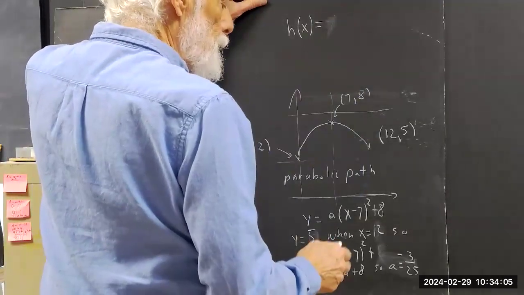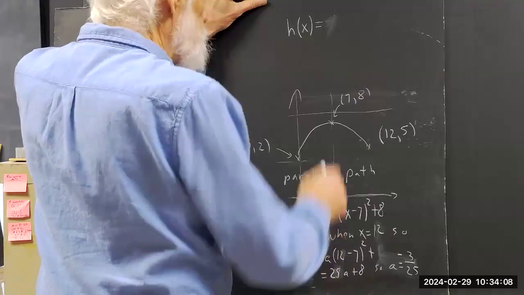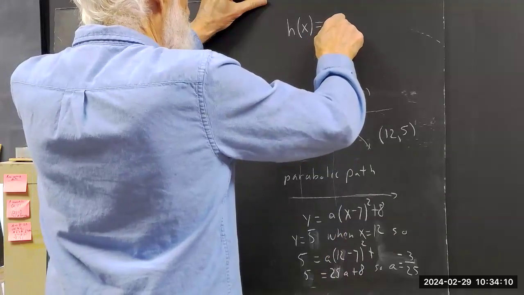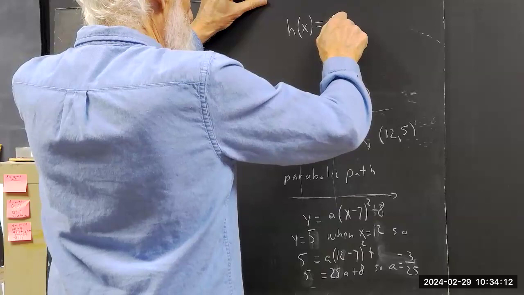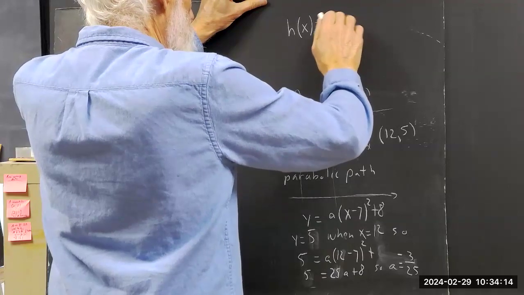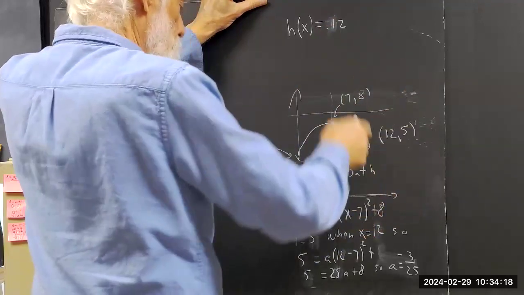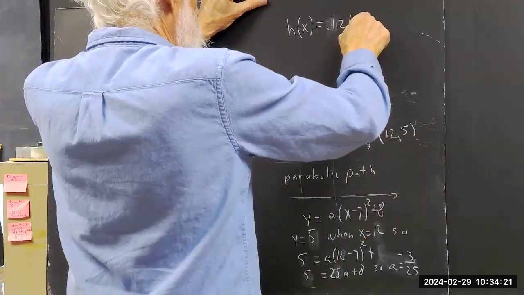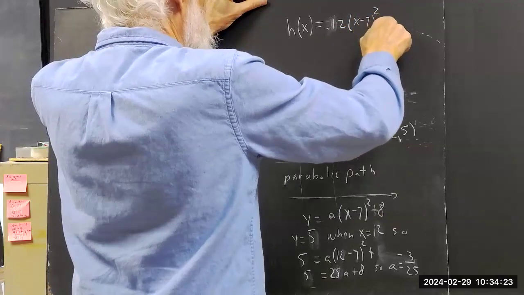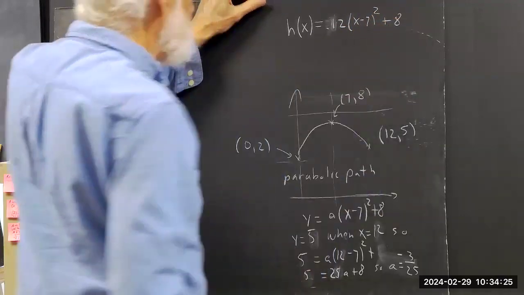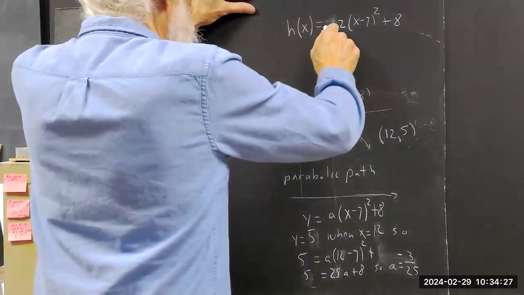And negative 3 over 25 is, what, 0.12, I'm going to put a 0 there. And then we have x minus 7 squared plus 8.